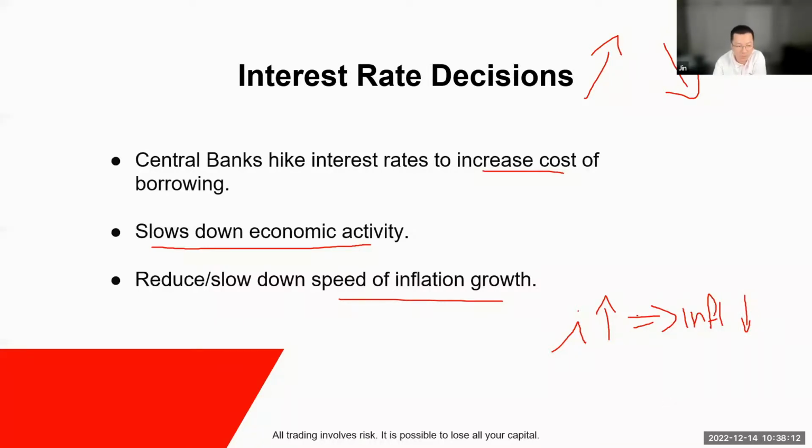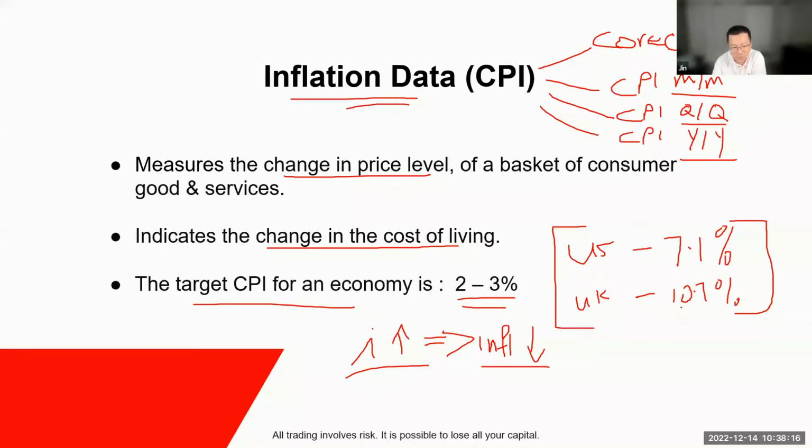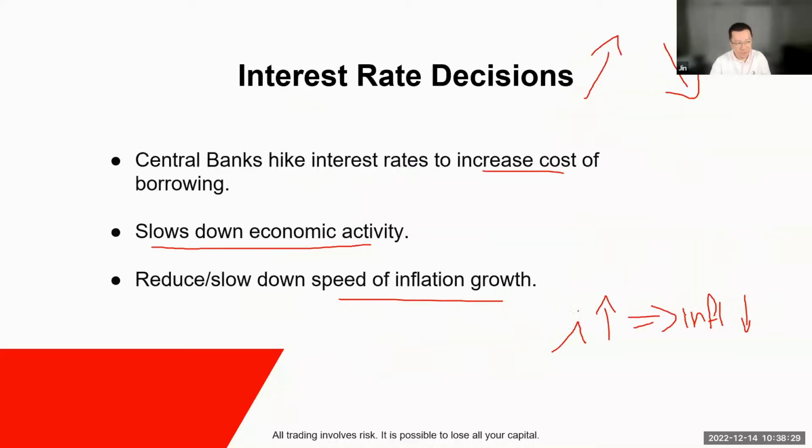Okay, so right now, as we see inflation in the US at 7.1 and the UK at 10.7, still a distance away from the 2 to 3%, what we're going to expect in this case is further interest rate hikes to come from the central banks.